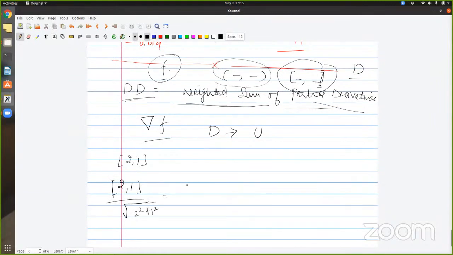So you get this, which becomes your u. It's a unit vector, which means the magnitude of this will be 1. This is what you need to get the direction, and the individual components will be used to get the weighted sum.